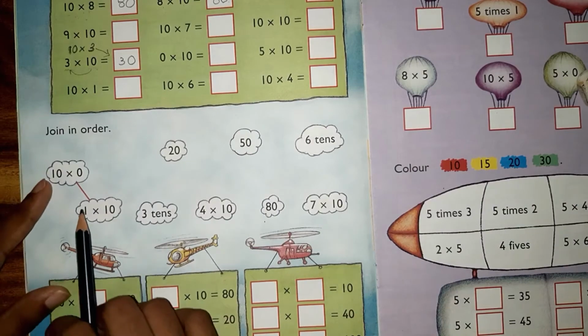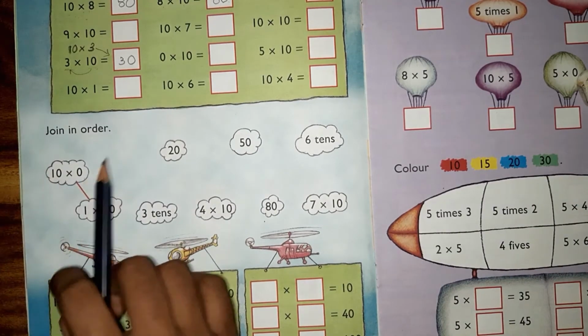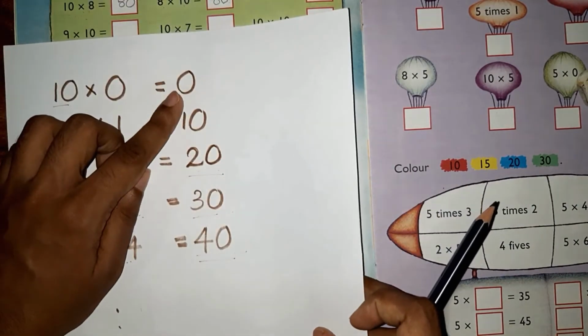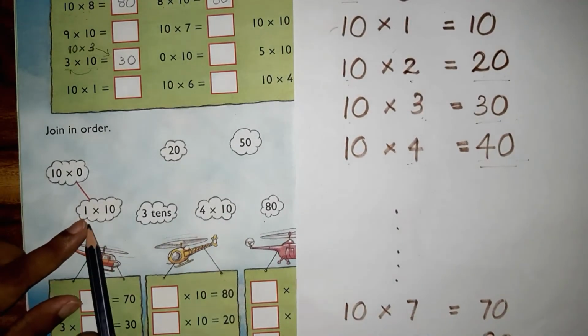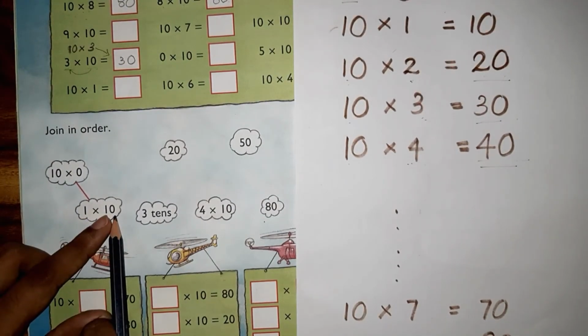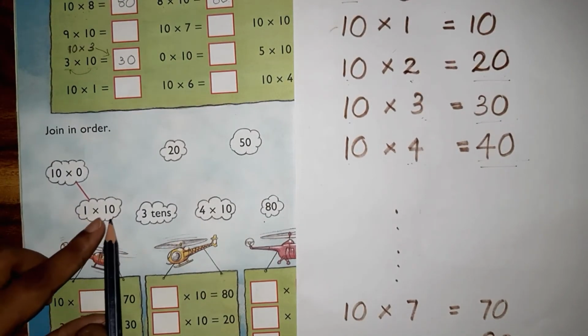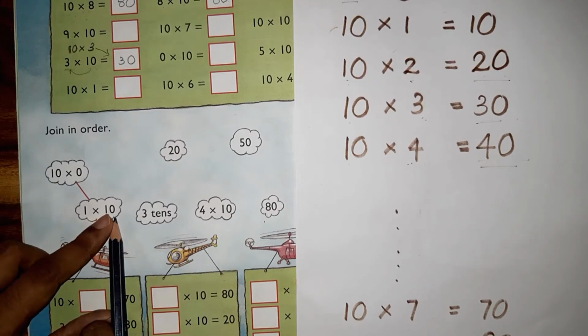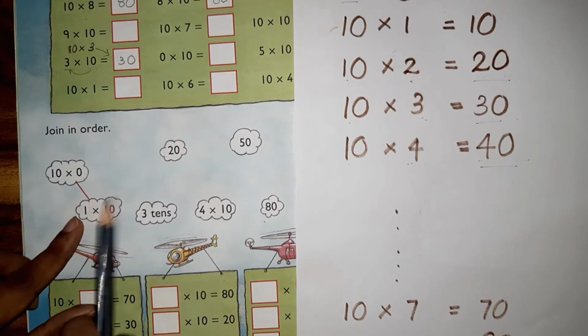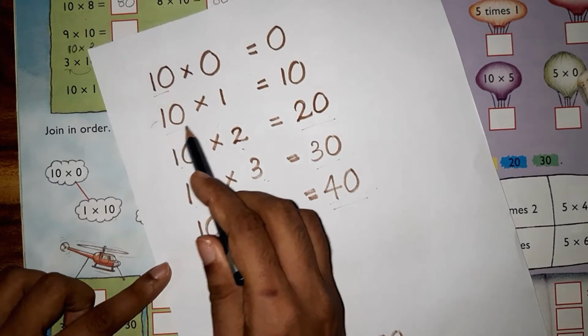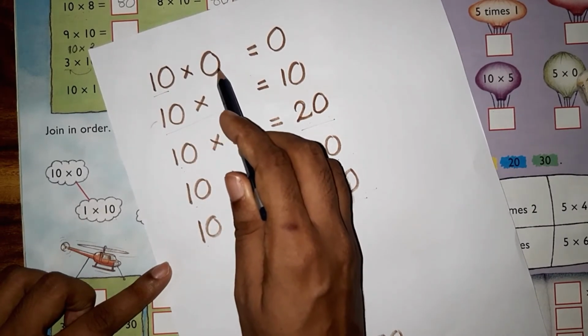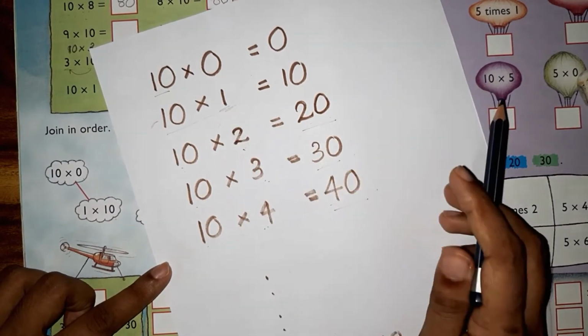So you know 10 times 0 is 0, and 1 times 10 is the same thing as 10 times 1, and it is the order here. Next one, after 0, it should be 1.